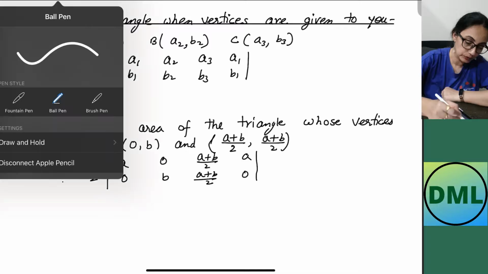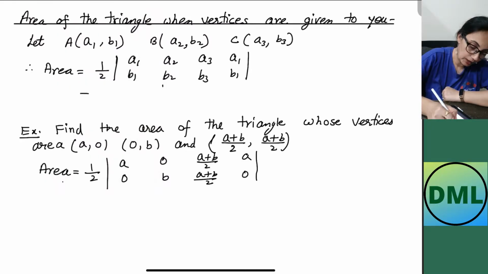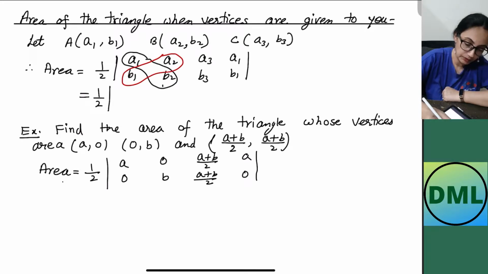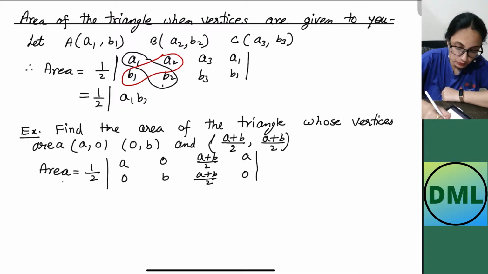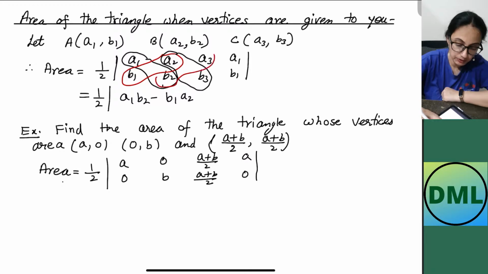Now how are we going to solve it? That is equal to half mod. I need to multiply a1, b2, and then subtract b1, a2. So that is a1 b2 minus b1 a2. Now I have to multiply a2, b3, and then subtract b2, a3.